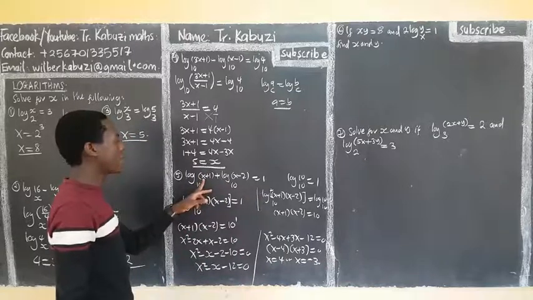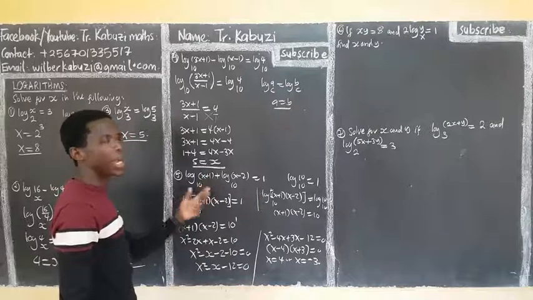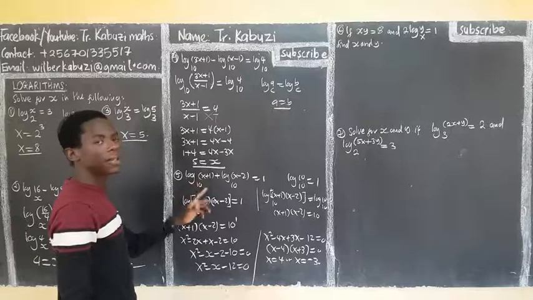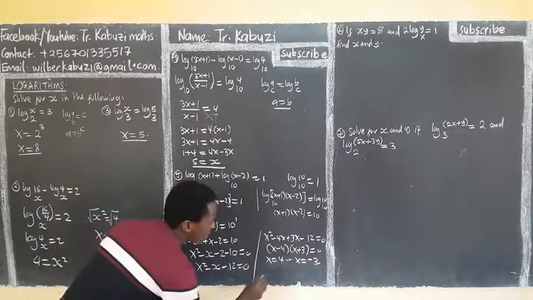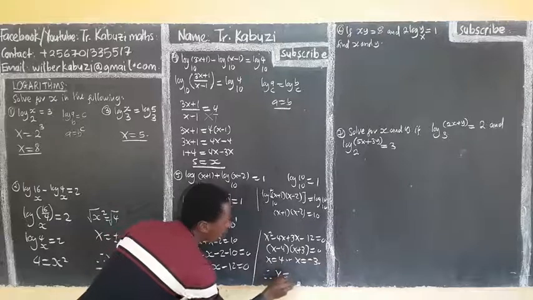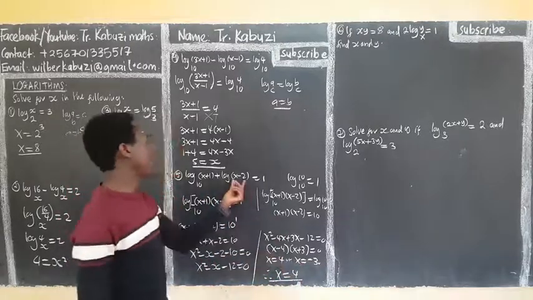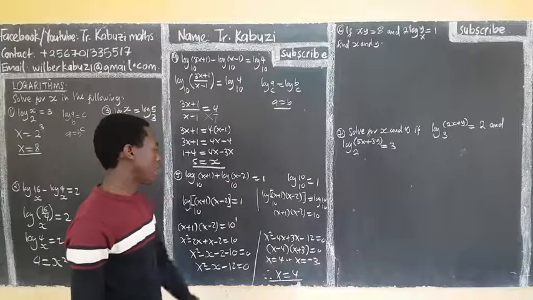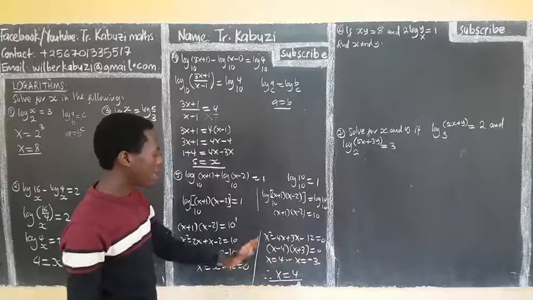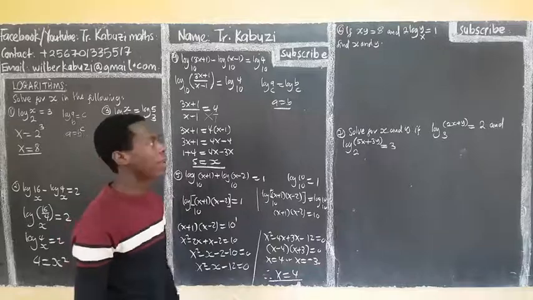When I put negative 3 here, plus 1 it becomes negative 2, and log of a negative does not exist. So that's why I conclude that this will be 4. If we put a value here and get a positive, then that will be okay, but when the result is negative, that's why I'm concluding with only one value.